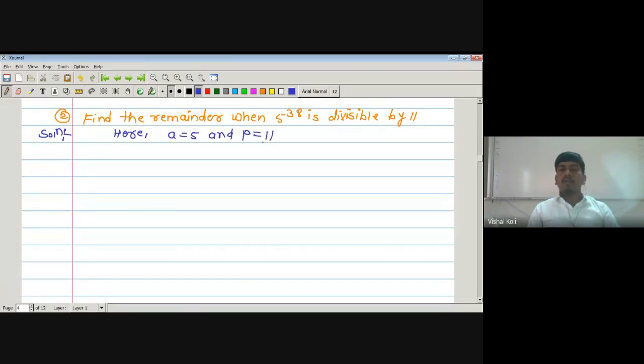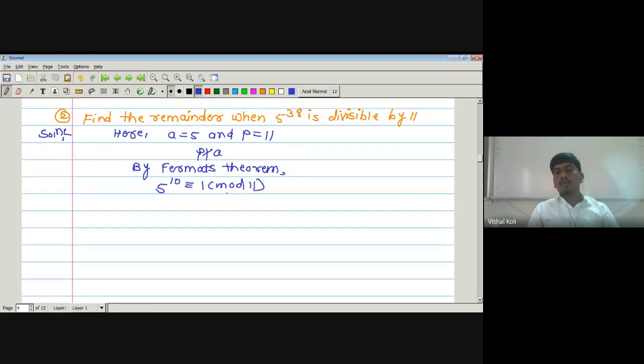For Fermat's theorem, we have to just check whether p divides a or not, whether 11 divides 5. No. Therefore p does not divide a, so we can easily use Fermat's theorem. Therefore by Fermat's theorem, a to the power p minus 1 is congruent to 1 modulo p. Here 5 to the power p minus 1, that is 11 minus 1 which is 10, is congruent to 1 modulo 11.